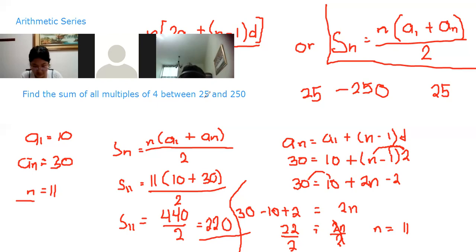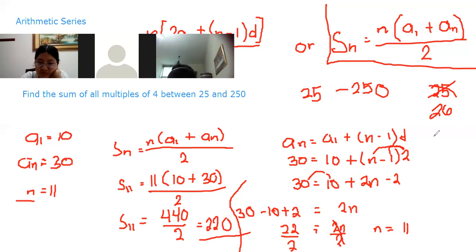Kasi pinakauna natin 25. So, kailangan 25 pataas tayo. Si 25 ba multiple ni 4? Hindi, diba? Kung hindi siya multiple, punta ka naman kay 26. Kung hindi pa rin multiple si 26, dire-diretso ka hanggang sa makakita ka ng kauna-unahang multiple niya. So, iyon sa A sub 1 natin.